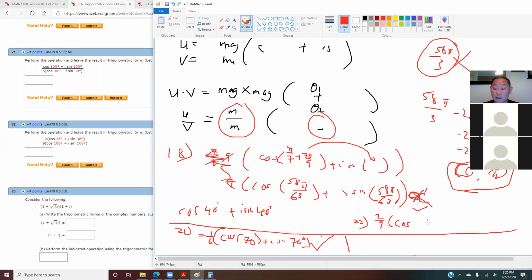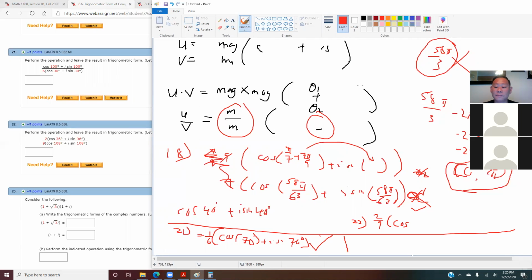Unfortunately, negative 62 is no good because it's not between 0 to 360. So what you do? Add 360. So what's 62? 360 take away 62 is 298. So it'd be cosine 298 plus i sine 298. This is correct. You got it?